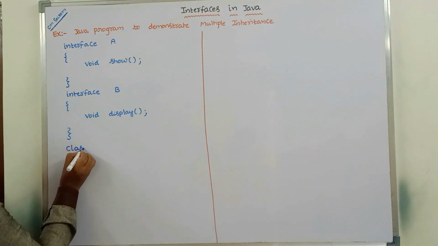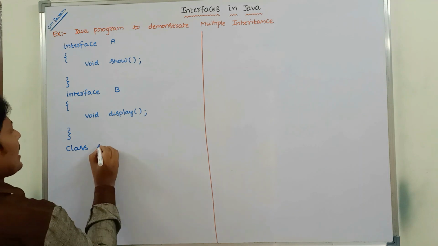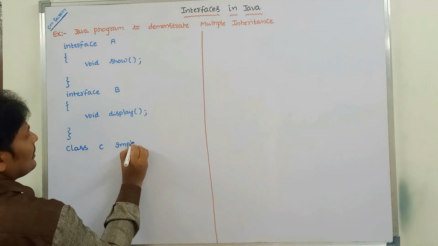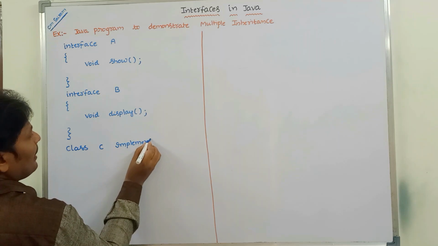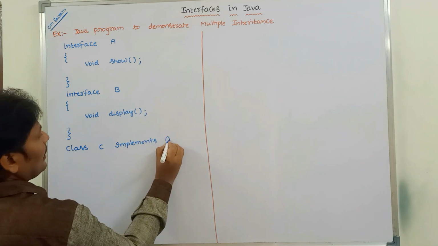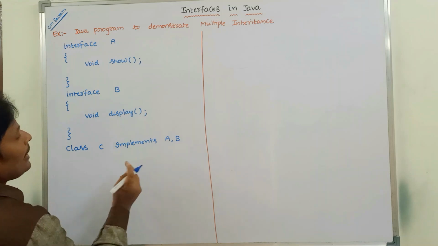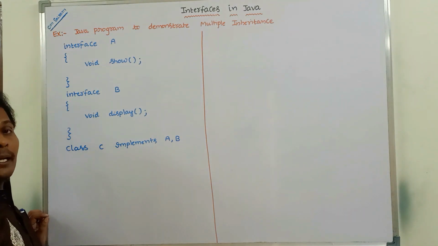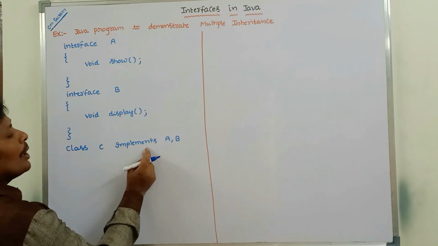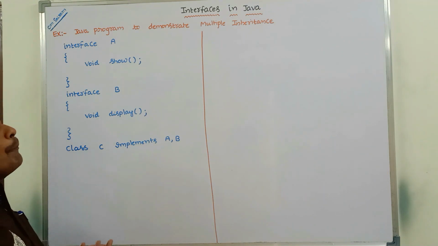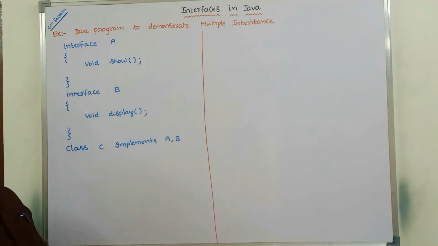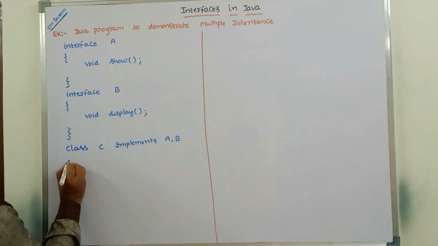So create one class: class C implements A, B. Here we use the keyword implements. By using that keyword, we provide the implementation details present within interface A and interface B.